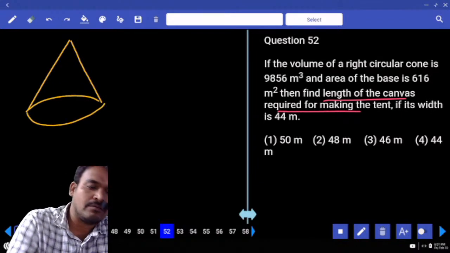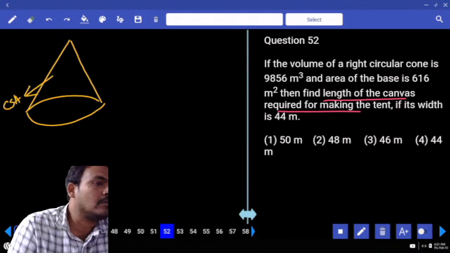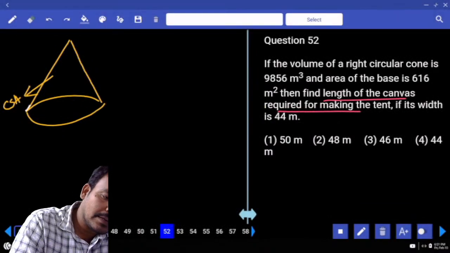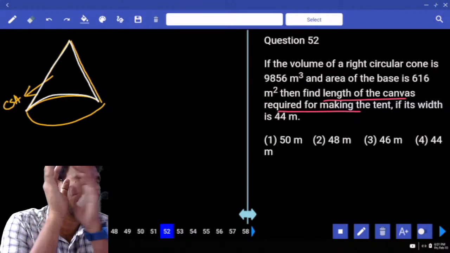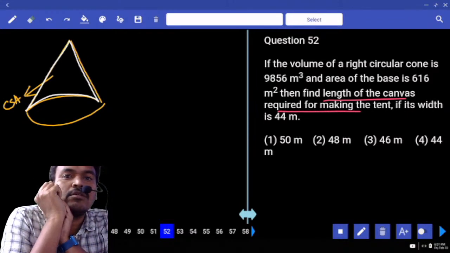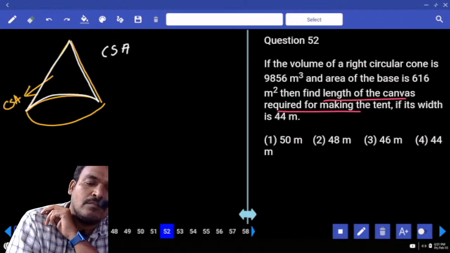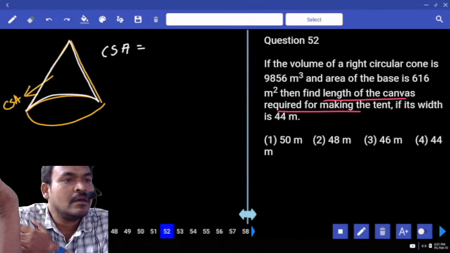Conical tent means we require curved surface area or total surface area? Curved surface area, or not? Means only the white colored portion. Curved surface area of a cone is also equal to the area of the cloth.